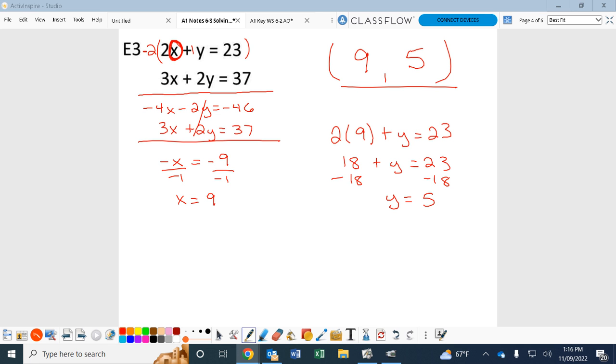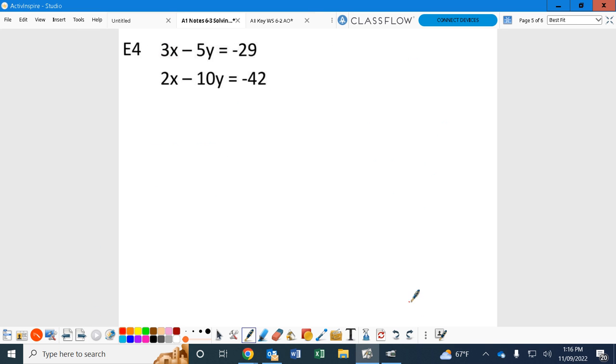Okay. Anybody still writing? Wonderful. Here we go. Next one. Guys, looking at these two things, can you make 3 into 2 or 2 into 3? Nope. Can you make 5 into 10 or 10 into 5? Yes. We need to multiply the top to make the 5 into 10 by multiplying it by what?